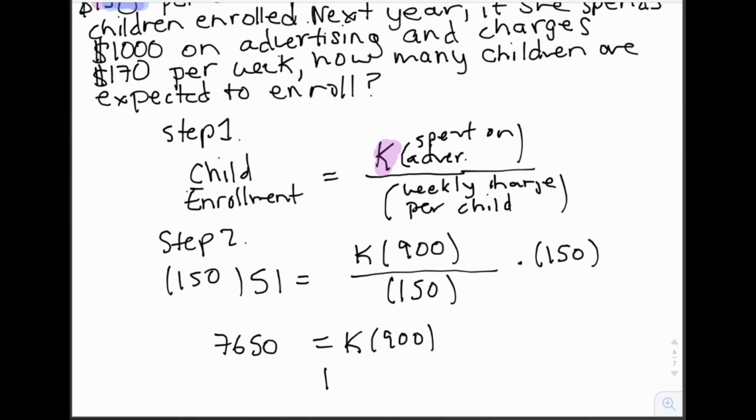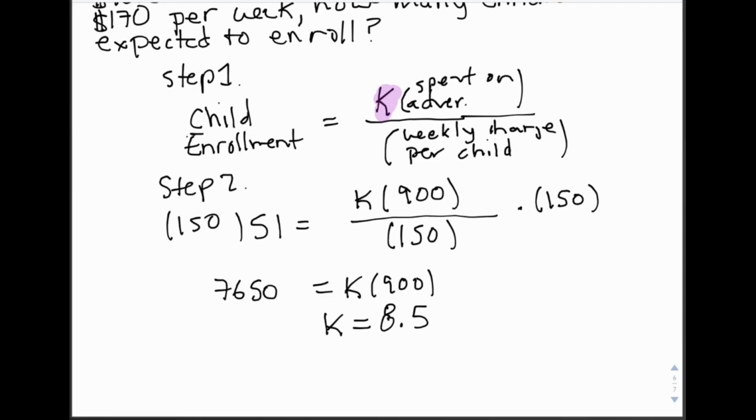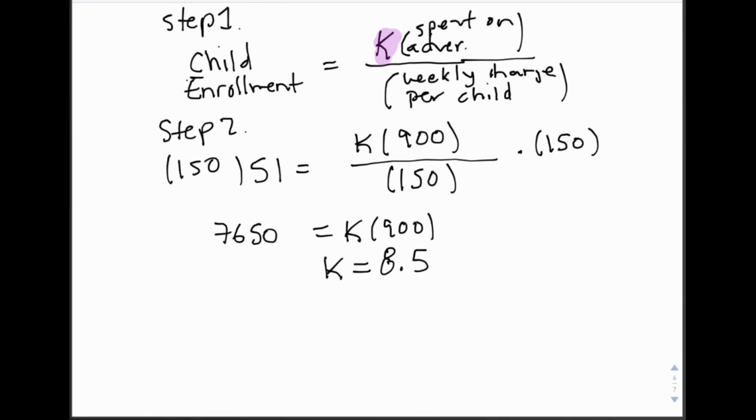Or in other words, our k is going to be equal to 8.5. So now that we've found k, we can move on to step number 3. So step 3, we want to take this k and plug it back into our original.